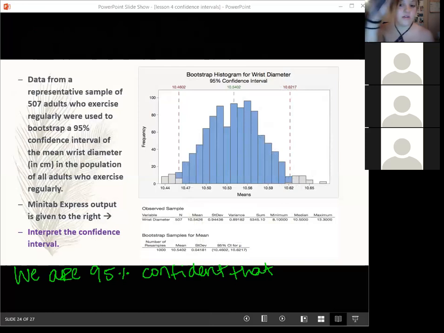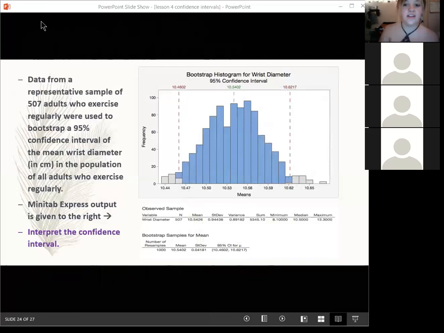And then you definitely put in the variable there for what we're talking about, which is the mean wrist diameter, because that is very important. And then it's between the lower and upper bounds. So awesome. That's a great job. Thank you. And the hashtag, we are definitely A+ to that, bonus points. So great job. Alrighty.